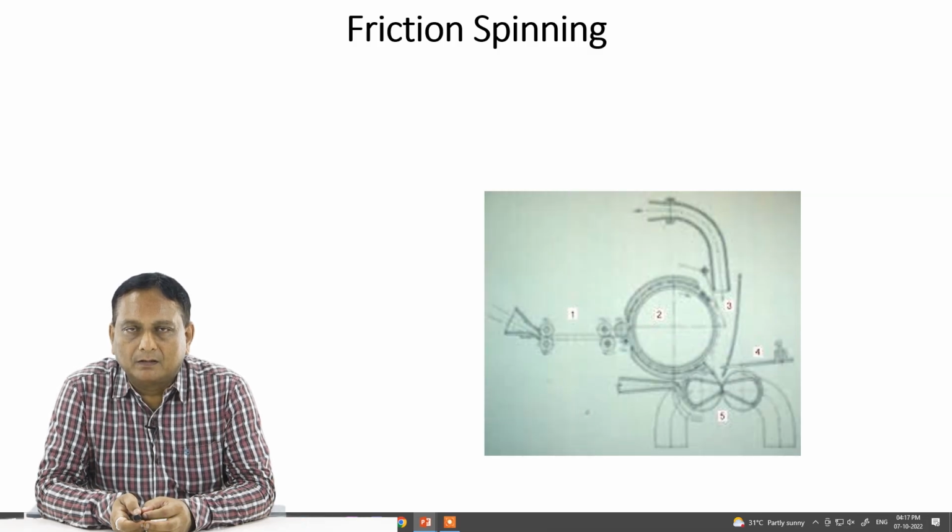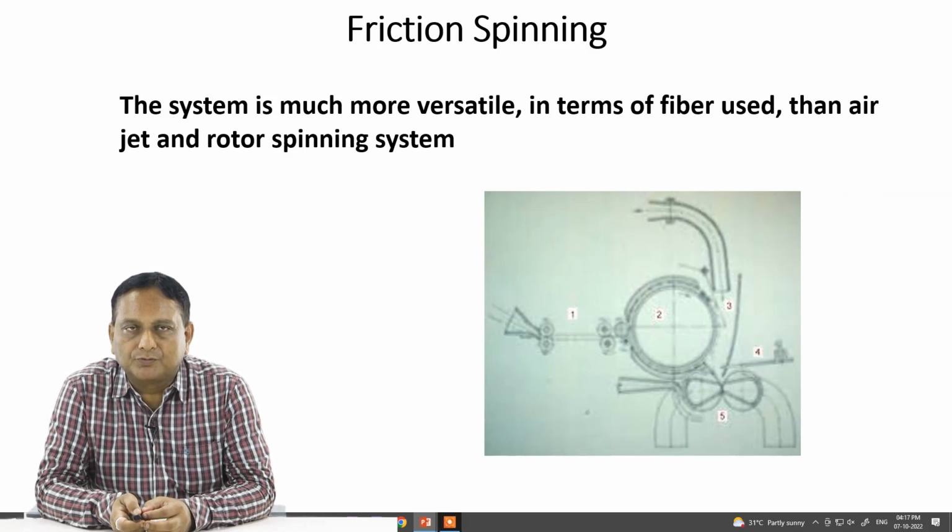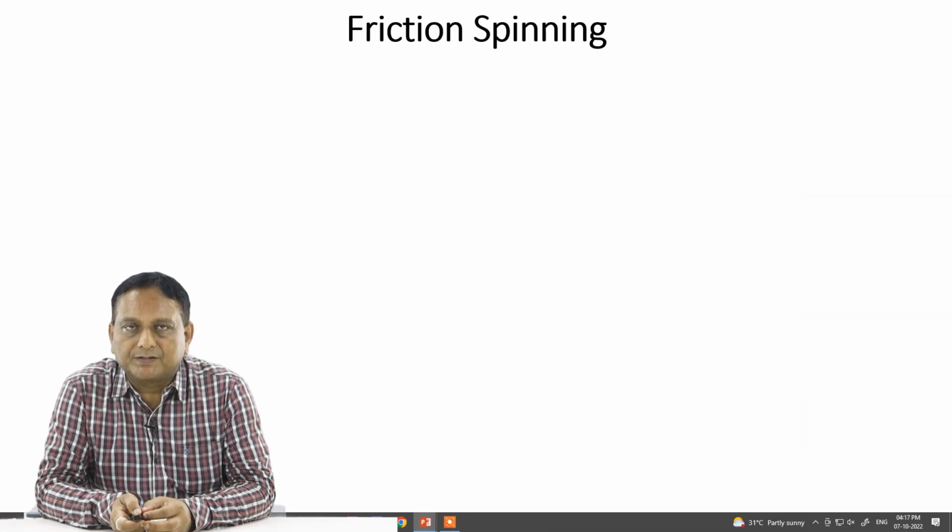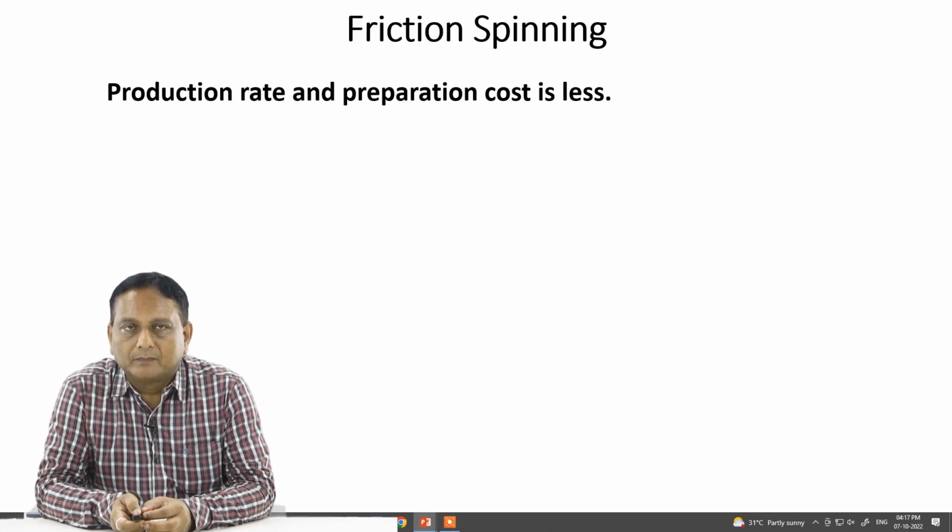Again, the schematic view, if you see, this system is much more versatile in terms of fiber used than air jet and rotor spinning systems. So it is a versatile system of spinning, friction spinning. Production rate is high and preparation cost is also less here.